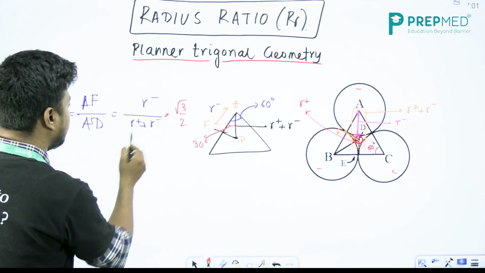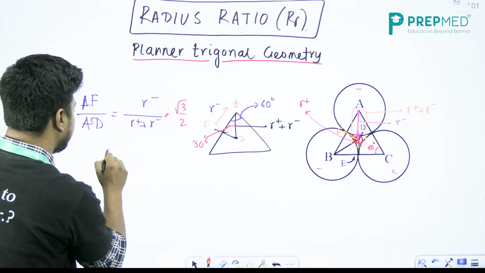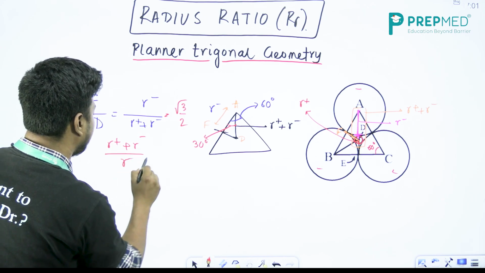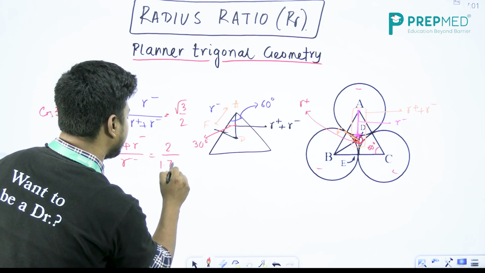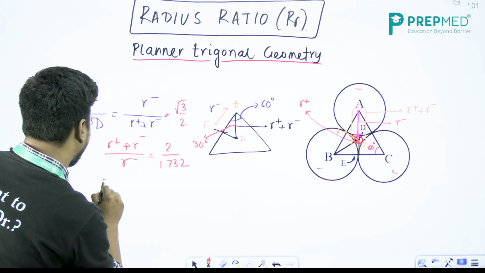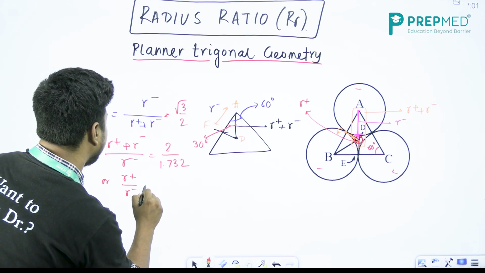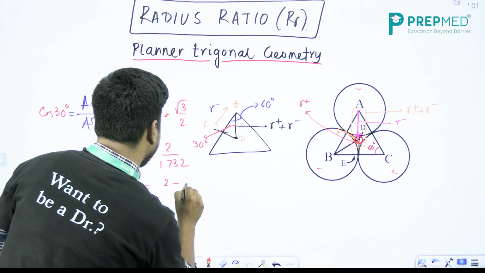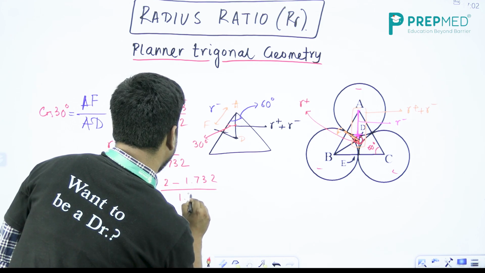Now if I solve this one, what I will get here? I am just reversing, R plus plus R minus divided by R minus is equal to 2 by 1.732, or what we can write, R plus by R minus is equal to 2 minus 1.732 divided by 1.732.